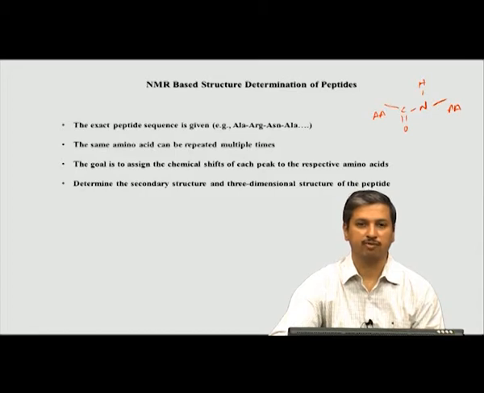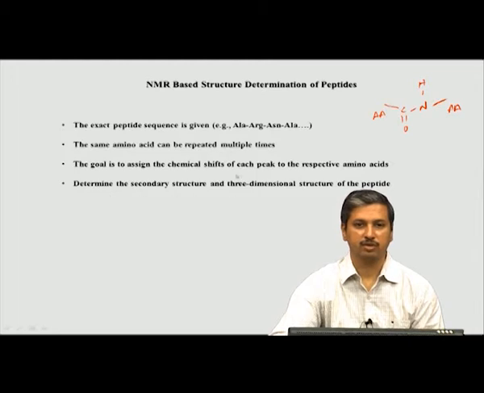We are not considering the carbonyl and amine right now; we are looking at only the alpha and beta carbon and protons. Where do they come in the spectrum, what peaks chemical shift, those things have to be assigned at the first step.